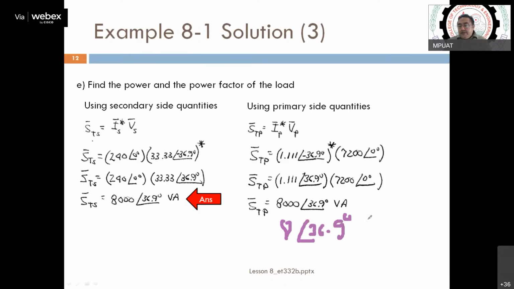So what you find in the ideal transformer is that the input power is equal to the output power, and there is no phase shift. Whatever the angle of 36.9 degree on this side, the same 36.9 degree is on the other side.